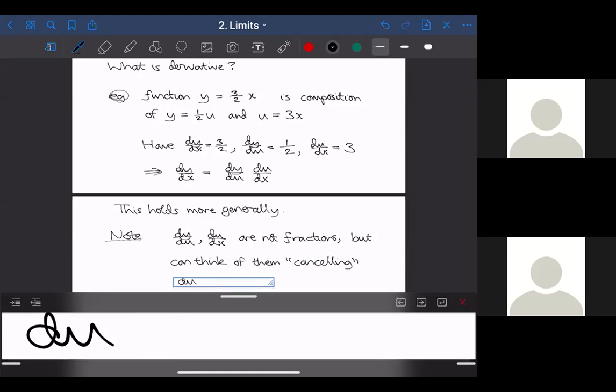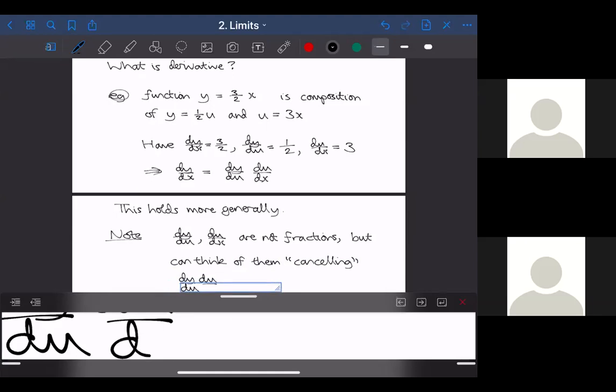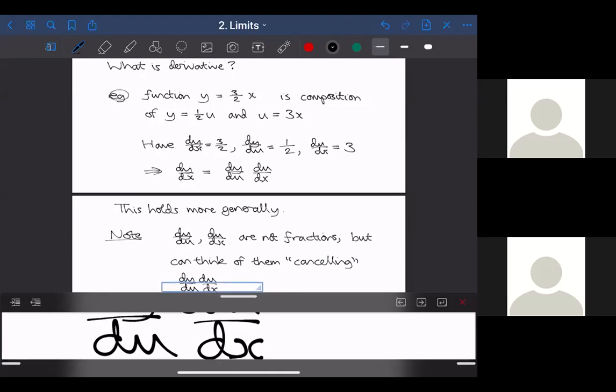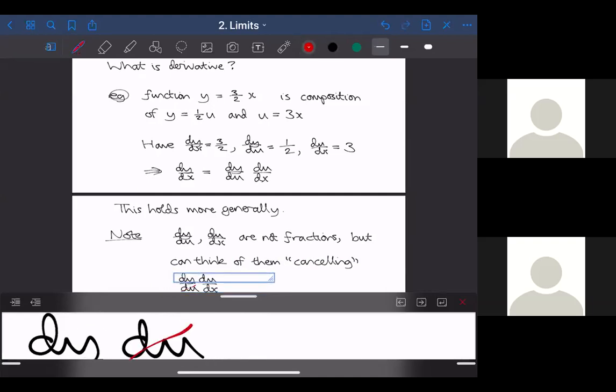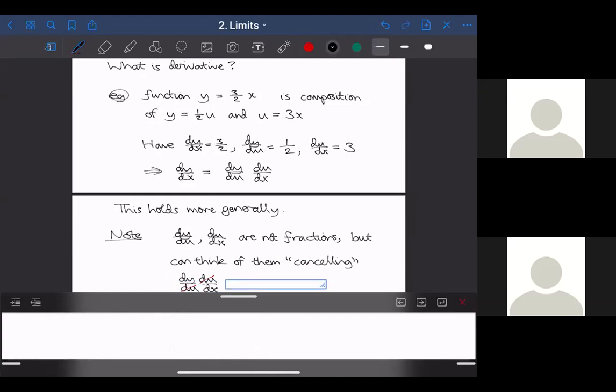So I mean, we have dy by du times du by dx, and we cancel the du's. And you can use that to help remember this formula.